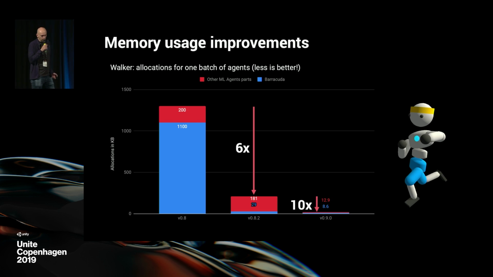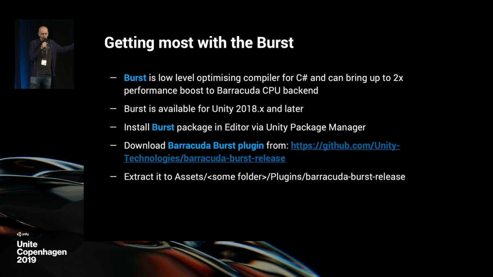And our big update for performance is 60 times fewer temporary allocations. We achieved that in 2 rounds. We optimized both ML-Agents and Barracuda to work together. So in the first round, we improved it 6 times, and in the next round, another 10 times. Hopefully your garbage collector will be happy about that. And it's shipping already.